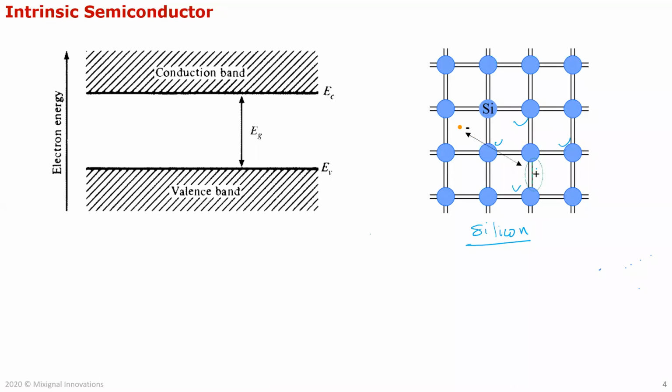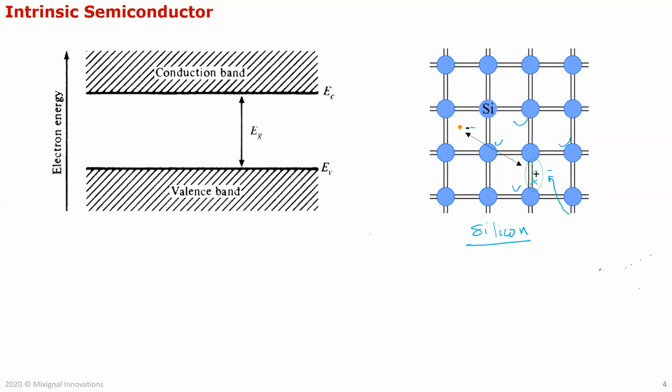But what happens is at room temperature, some of the bonds break. Let's say there is enough thermal energy, this bond might break and release this electron. Once you release this electron, there is a vacancy here, and that vacancy can be filled by another electron from here, to create that bond.